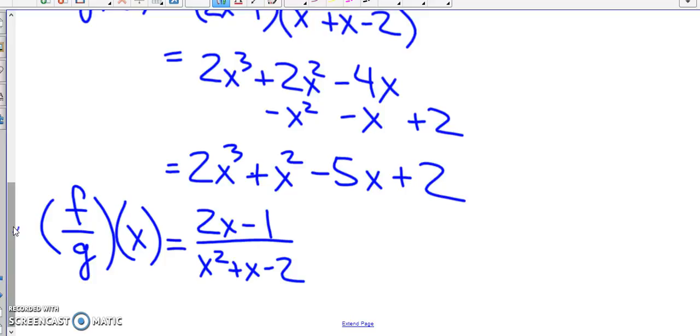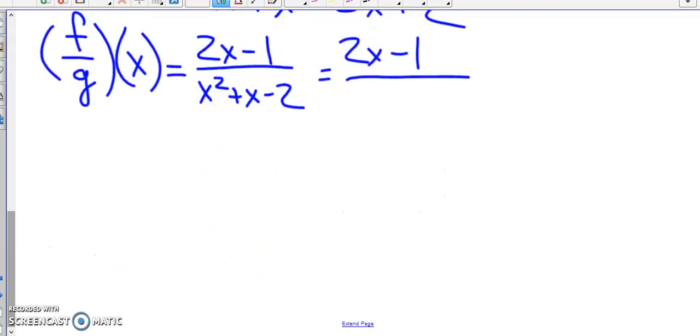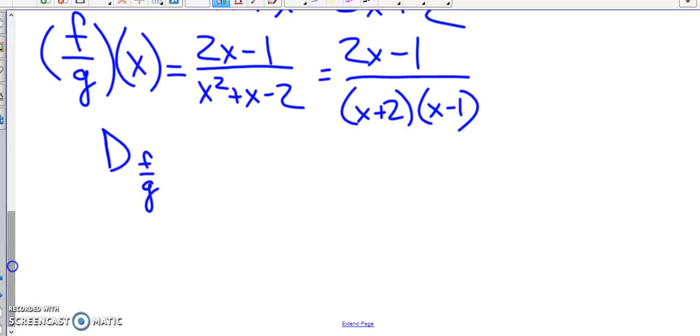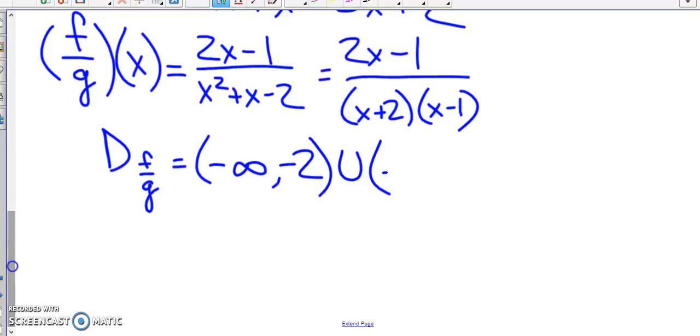Yeah, factor the denominator. Basically, think about setting it equal to 0. What does the denominator factor into? So I would have to avoid what? Negative 2 and positive 1? So the domain of f over g would be negative infinity to negative 2, union negative 2 to 1, union 1 to infinity.